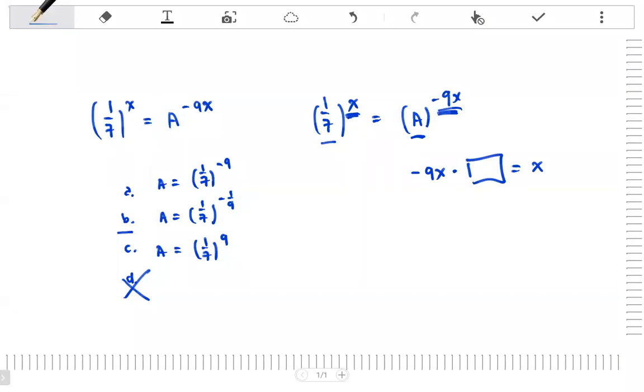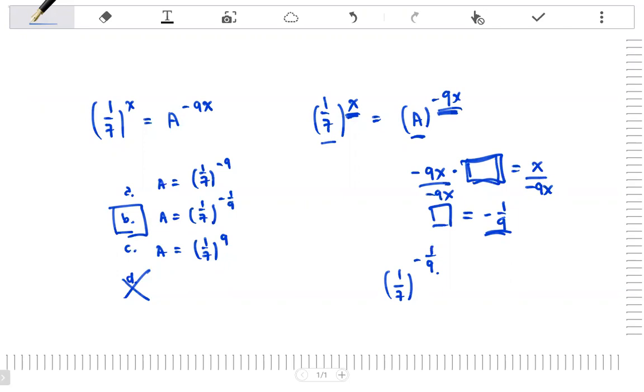So what number can we do? Well, if we want to find out what this missing box is, we just divide negative 9x on both sides, right? Which leaves negative 1/9. So we know that our base should be 1/7, and our exponent should be negative 1/9, which leaves answer B to be right.